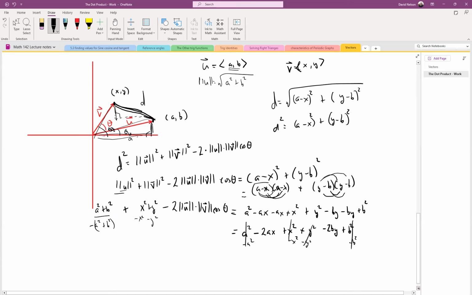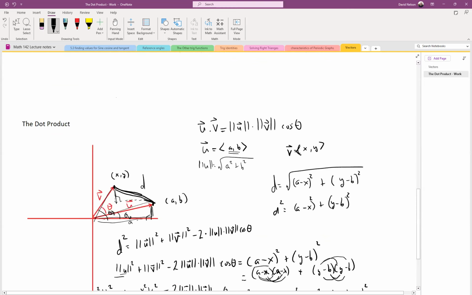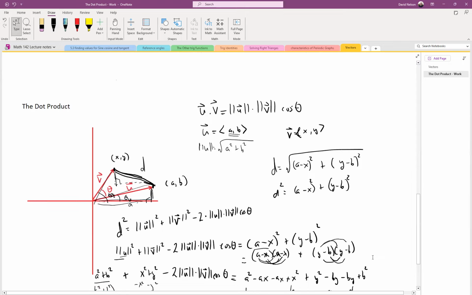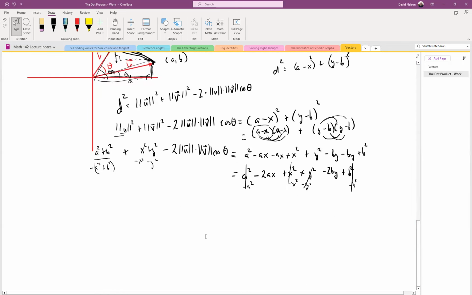And what I'm left with is, I went a little too far there. All right, let's see if I can control that a little bit better. I'm going to get a minus 2 times the magnitude of u times the magnitude of v times the cosine of theta on the left-hand side. And on the right side, I have a minus 2ax and a minus 2by.